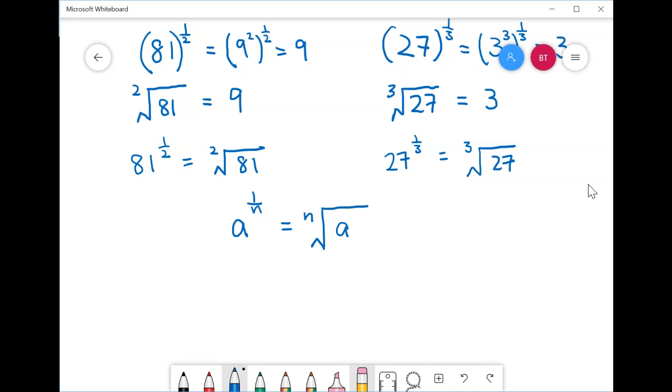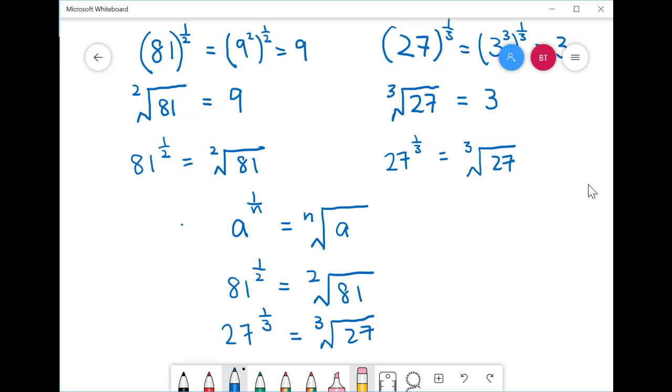So back to what we had, for example, 81 to the power of half gives me the second root of 81, which is, in layman's terms, the square root of 81. For example, 27 to the power of 1/3 becomes the third root of 27, which is the cube root of 27 in layman's terms.